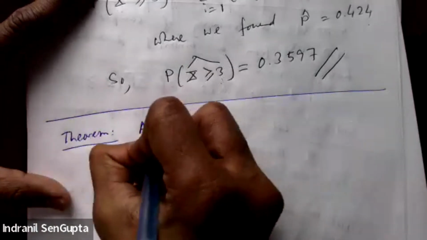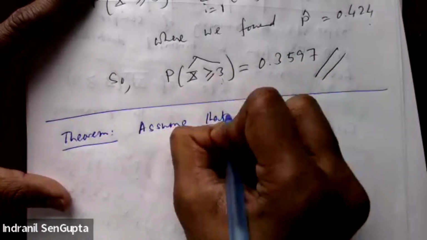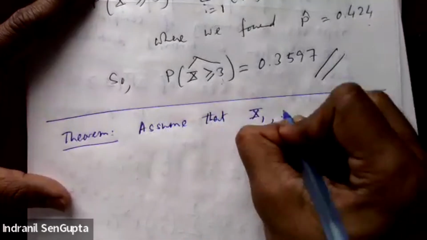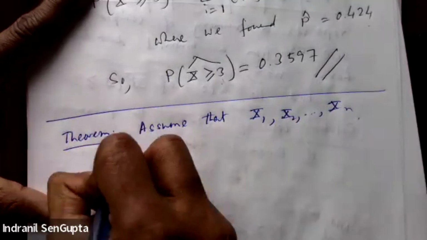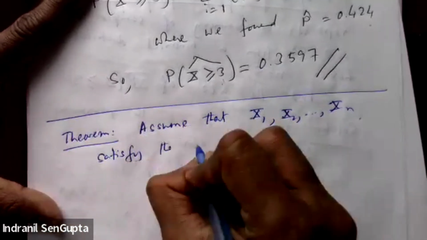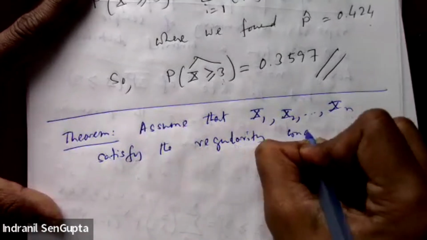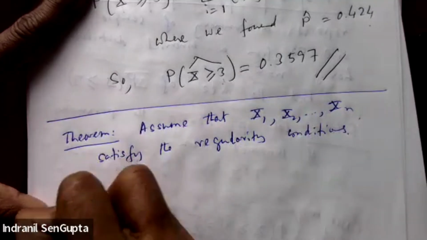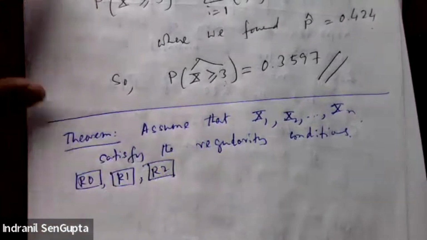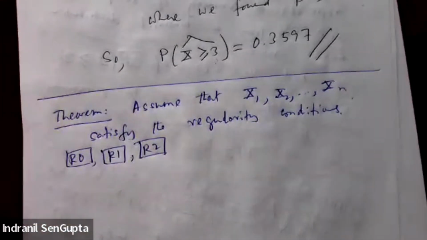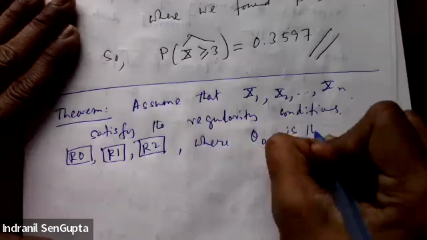Assume that X1, X2, ..., Xn satisfy the regularity conditions R0, R1, and R2 that we wrote at the beginning of today's class. So don't worry too much about this at this point. Where theta 0 is the true parameter.